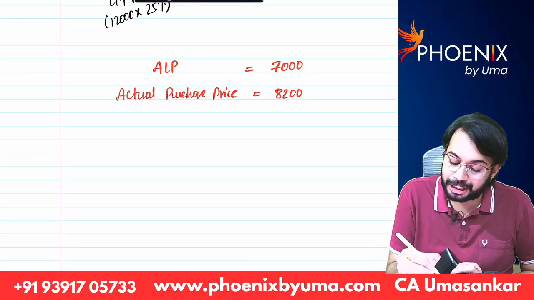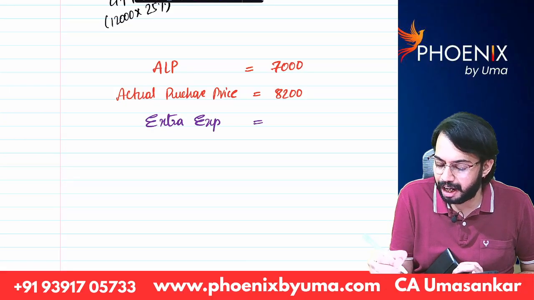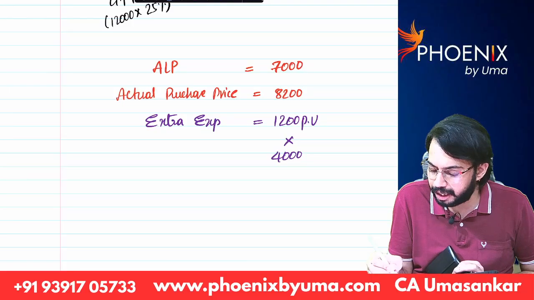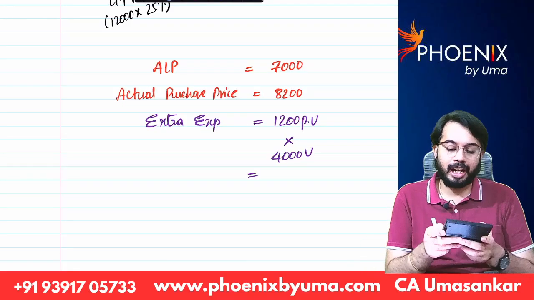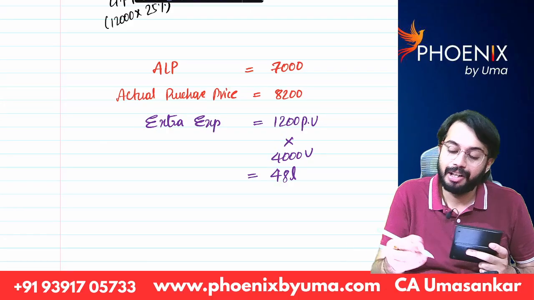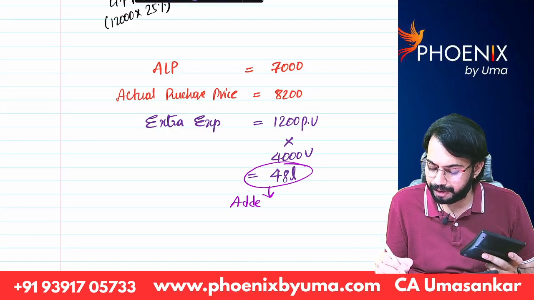So how much is the extra expense? Extra expense is 1,200 rupees per unit. How many units are purchased? 4,000 units. So how much is the total extra expenditure? 4,000 into 1,200, 48 lakhs. So whatever 48 lakhs is there, that will be added to the income of S. Okay.